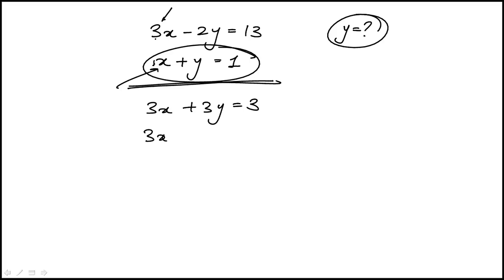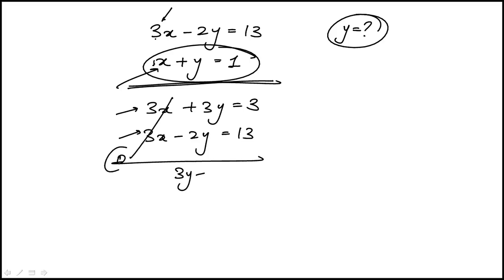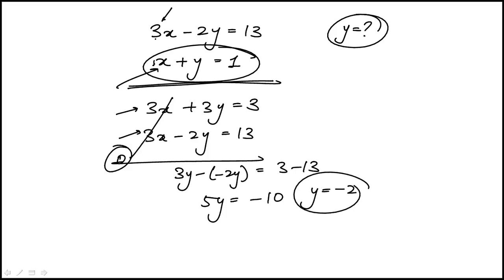The top one, I'm just going to stack it. And then the key is, can I eliminate the x terms? Yes, if we subtract them. So this term becomes 0, 3y minus 2y, and then 3 minus 13. So here we're going to get 5y equal to minus 10, and we again indeed do get y equal to minus 2. So you can combine them either way depending on what the interest is.